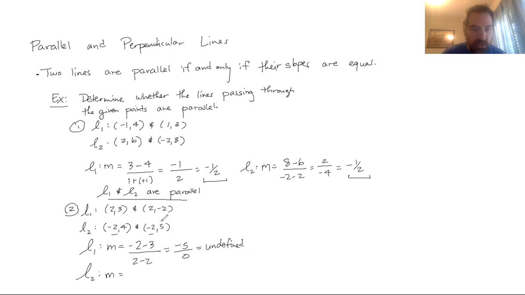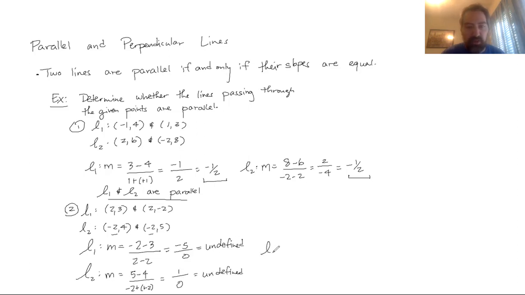Subtracting the y values, 5 minus 4, divided by the difference in the x values, -2 minus -2. 5 minus 4 is 1. -2 minus a -2 is 0. So again, we have an undefined slope.